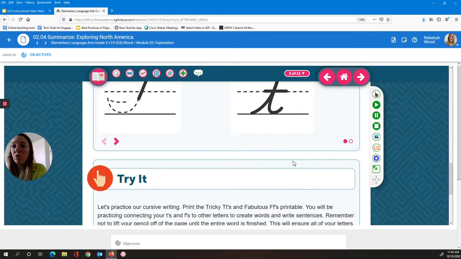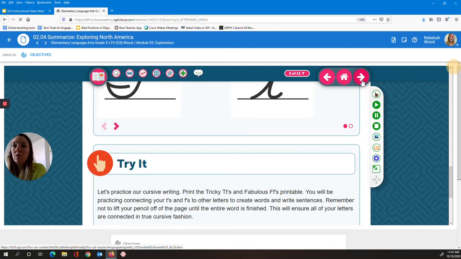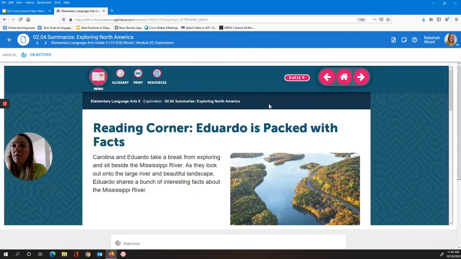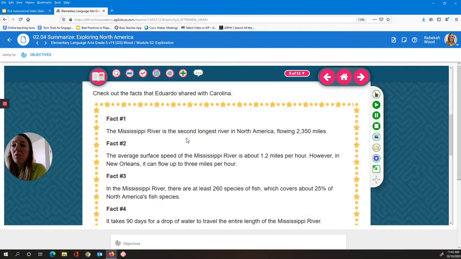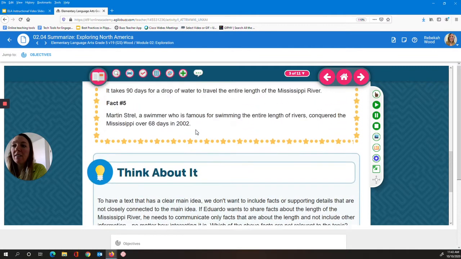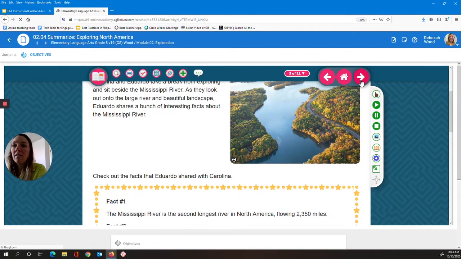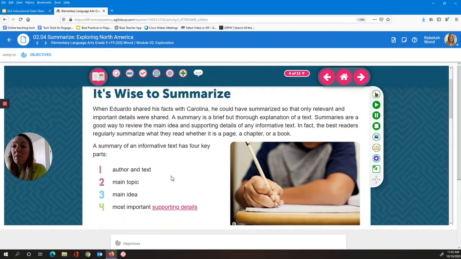Or if you do print off papers, which is also optional, you can print off your tricky T's and fabulous F's and practice them that way. So there's your cursive practice. And here's reading corner. This talks about Jackson, Mississippi, and some different facts and an activity that you guys can do. And then we start talking about summarizing.